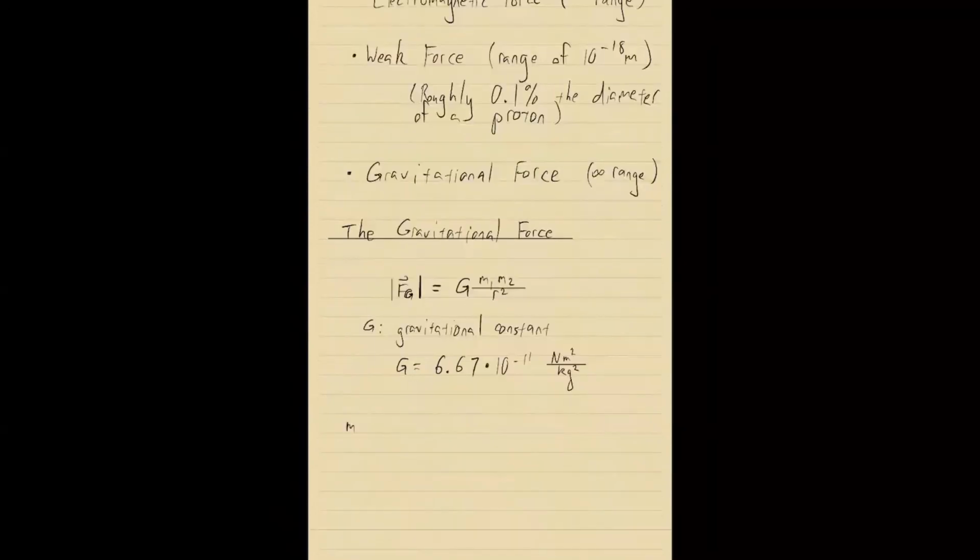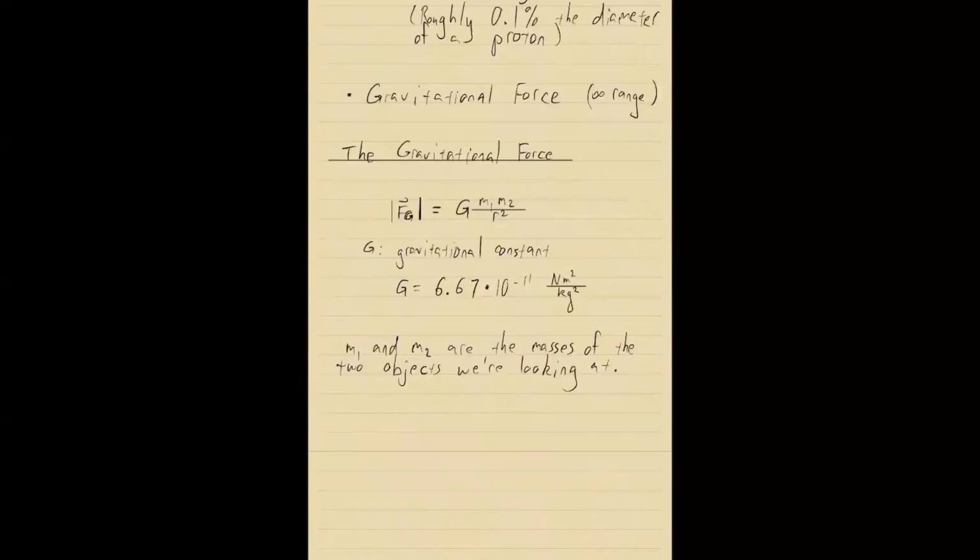Here, M1 and M2 are the masses of the two objects that we're looking at. And R, little r, is the separation distance between the two objects.